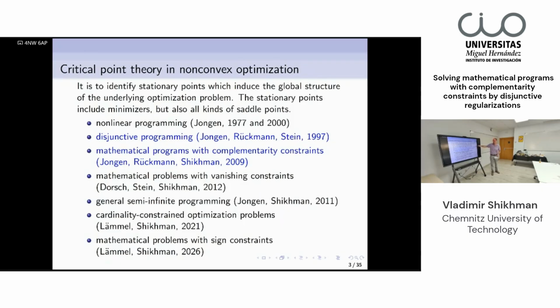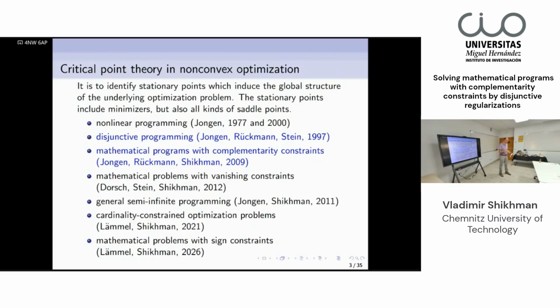We shall need this 97 paper because we deal with disjunctive regularization. I will explain in which sense it is disjunctive. Complementarity constraints we did in 2009, then vanishing constraints, general semi-infinite programming. Recently we did cardinality constrained optimization problems, mathematical problems with sign constraints and so on.